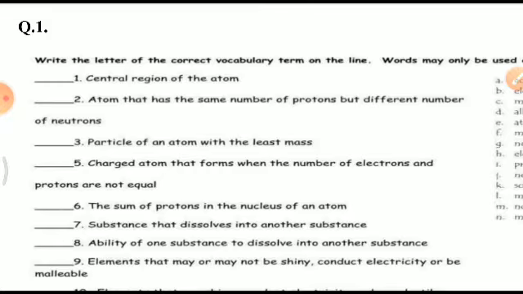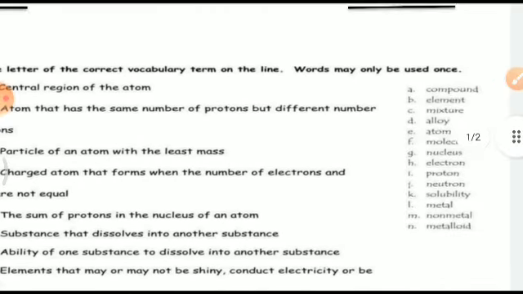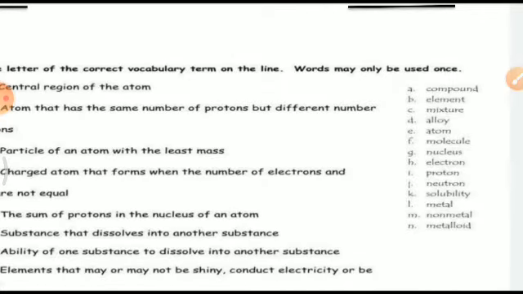The sum of protons in the nucleus of an atom. What is it called? The sum of protons is equal to the sum of electrons.